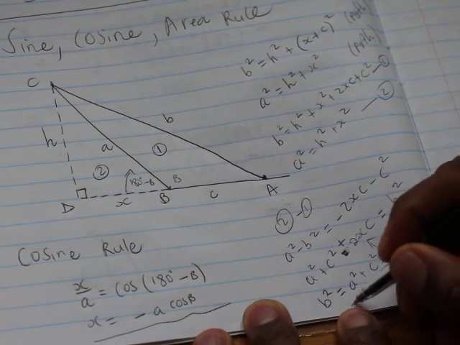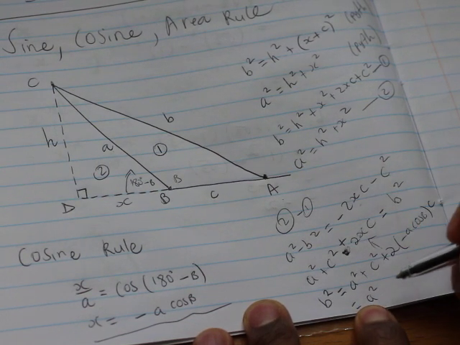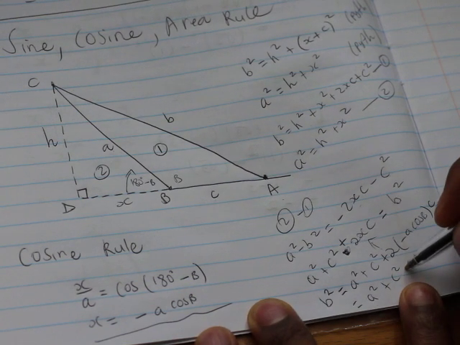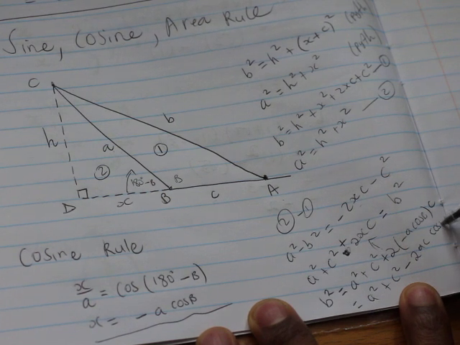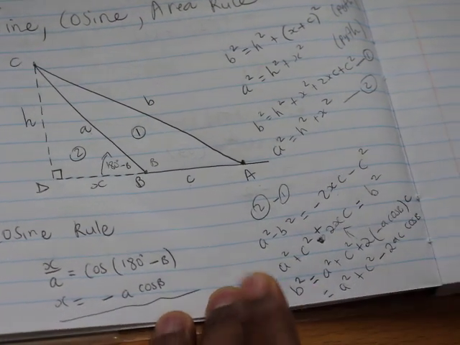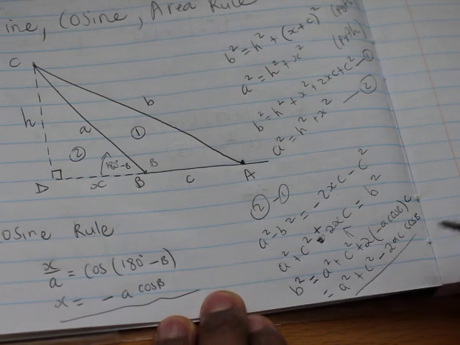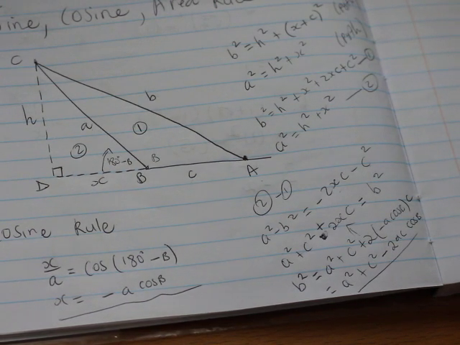So this simplifies down to a squared plus c squared minus 2ac cosine of b. I hope you guys can see that.